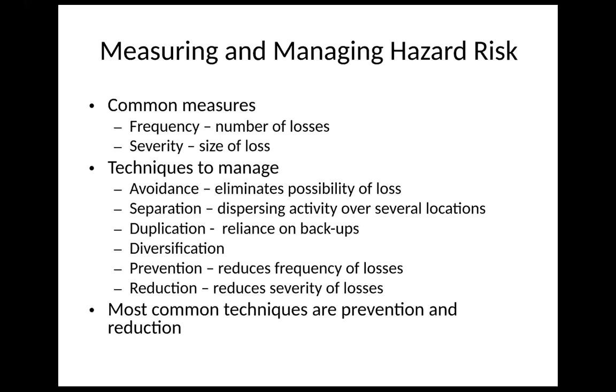Or if we have a fire, that's part of separation. We can even have them on the same property, but they're separate so that if one building goes down or a piece of equipment, we have that. Duplication is the same idea: you're going to have reliance on backups, again, in case that one part does go down. Diversification. This might be from a profit standpoint.